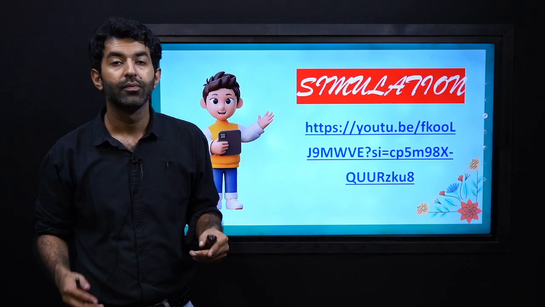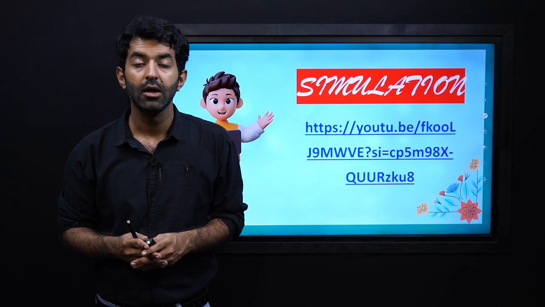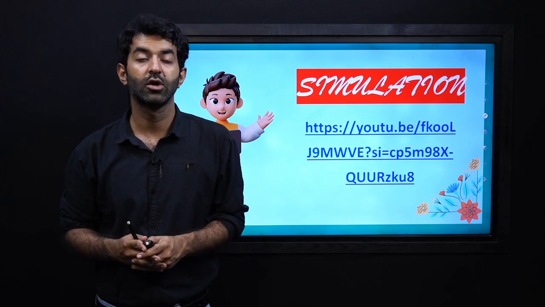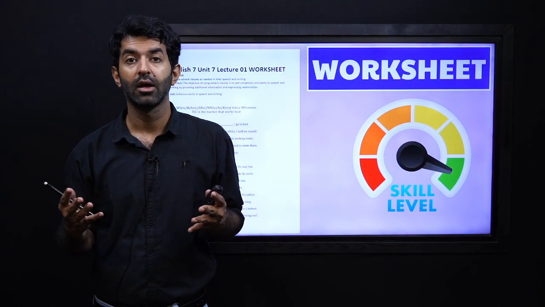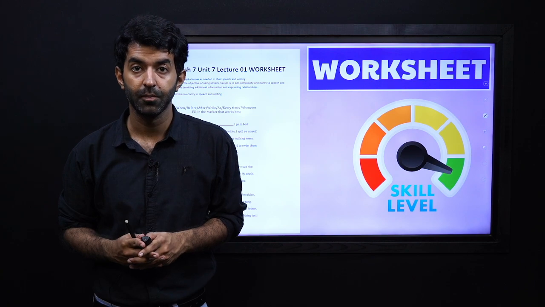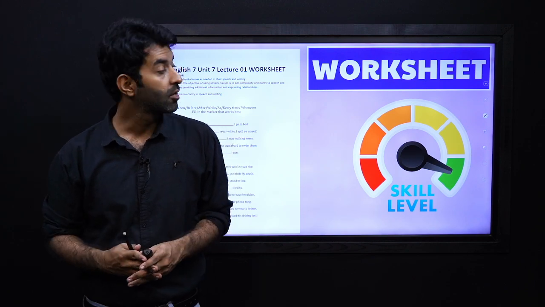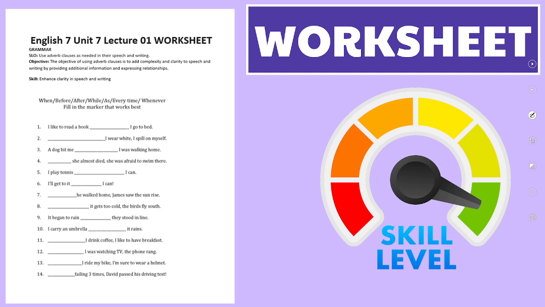Now, I hope that you have done this activity. This is your simulation video, which you can watch later for extensive information and for interesting information and learning as well. A worksheet is attached. Now here, you have to use adverb clauses as needed. The adverb clauses are given.